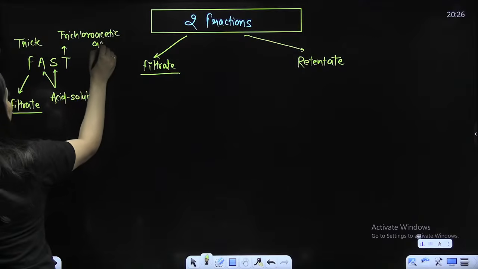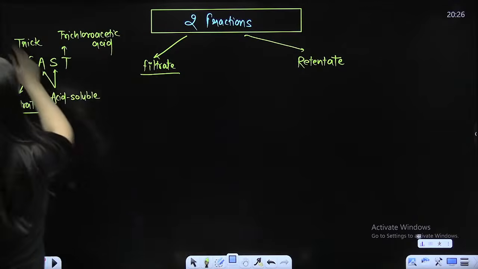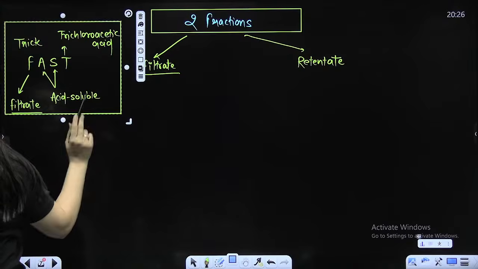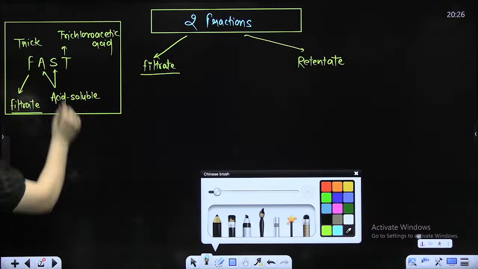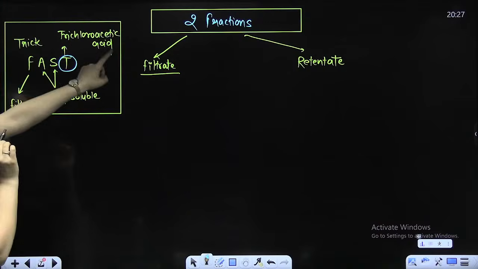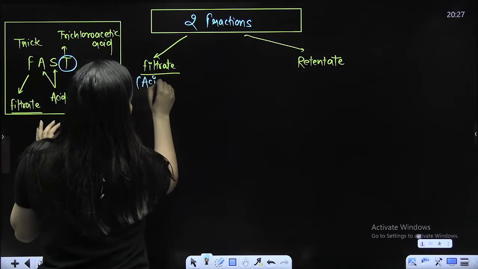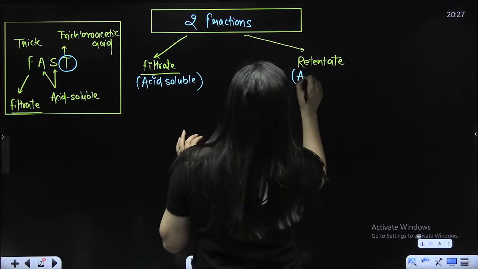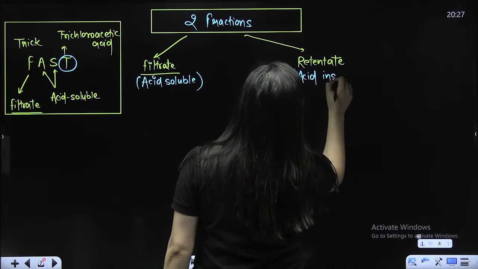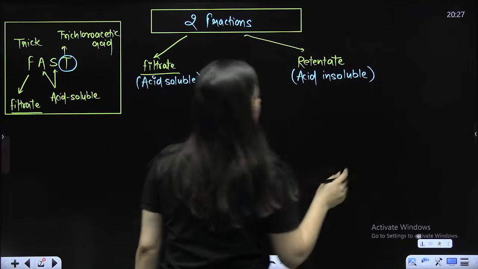So the trick here is FAST. Filtrate is acid soluble, and which acid have we used? Trichloroacetic acid. Now, I told you two fractions are there. So this is acid soluble and this is acid insoluble fraction.